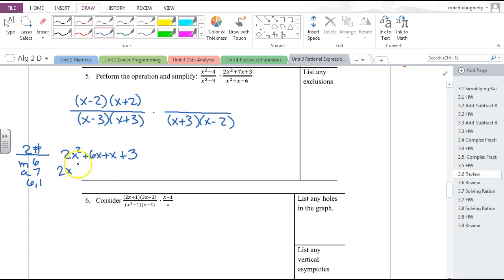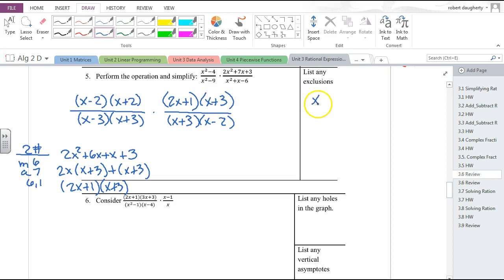So 2x(x plus 3) plus (x plus 3). This is simply (2x plus 1)(x plus 3). So that is the numerator here. I am completely factored. Now I can tell all my exclusions.